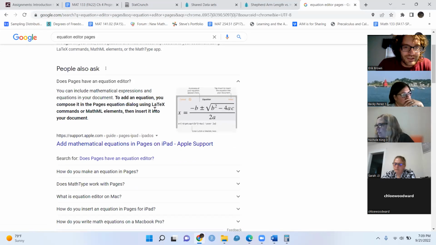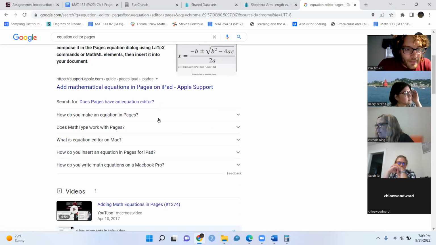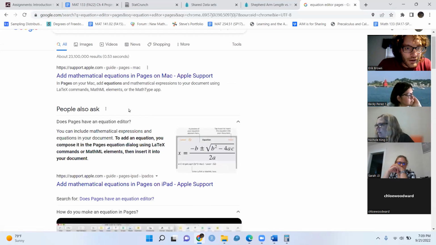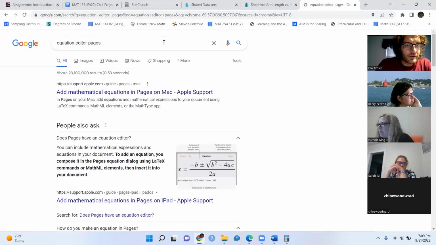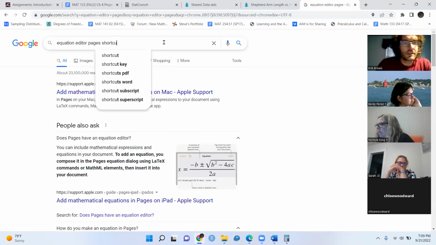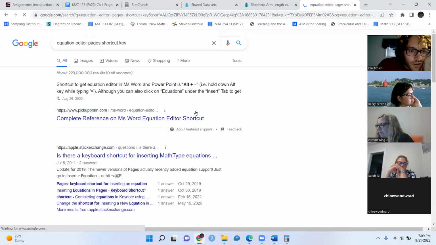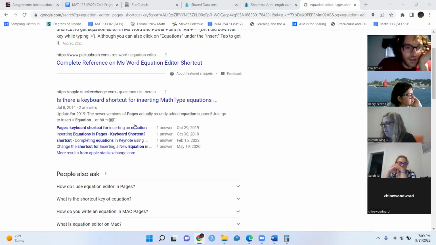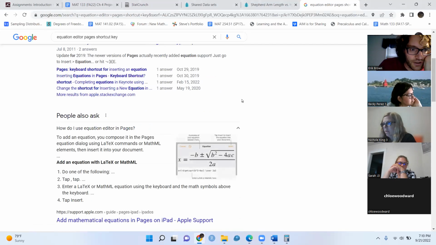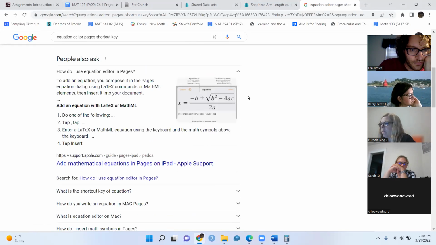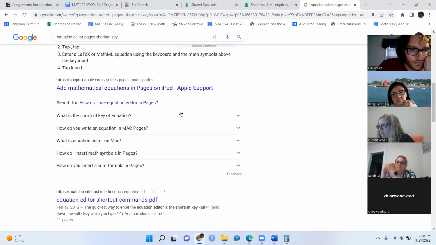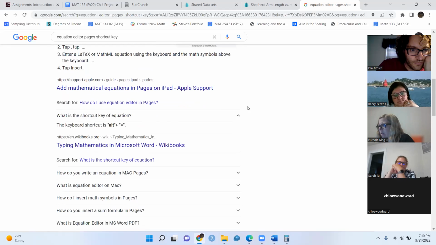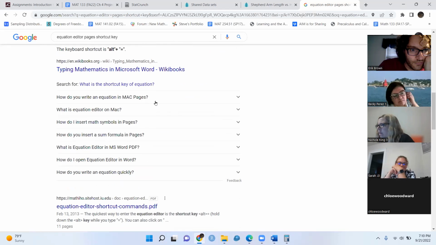You use LaTeX, which is pretty hard. Shortcut key. Here we go. Okay, so this says go to insert an equation or equations, and something should show up.